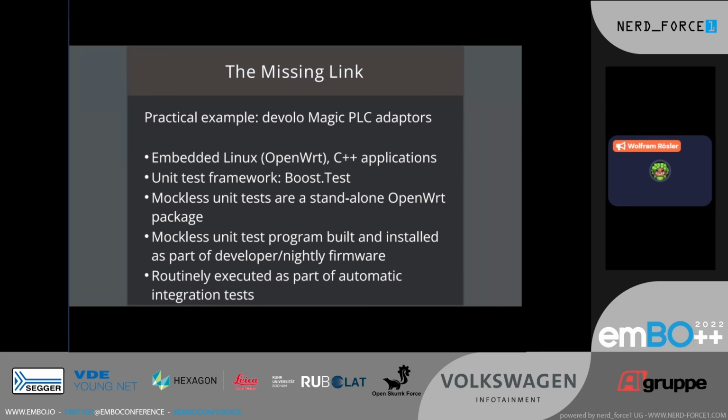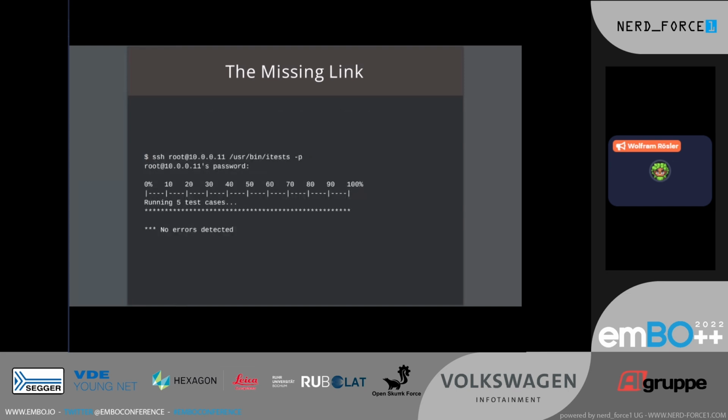Not much to see. This is a screenshot of how this works when you run it. We SSH into the device, we run /usr/bin/itests, which is what the Mockless unit test program is called. You see some progress output, created by the Boost Test framework, and you see all the tests passed, just 5 test cases so far.